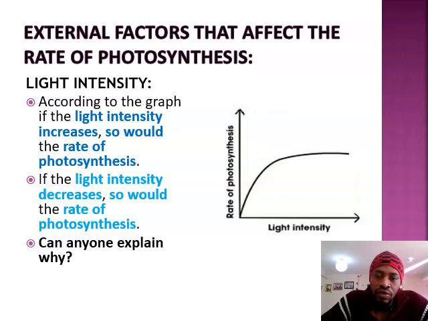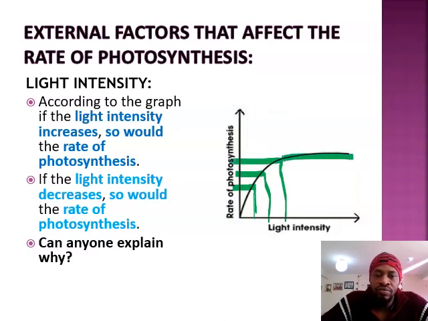If we have low light intensity, then photosynthesis will also be low. As light intensity increases, the rate of photosynthesis also increases until we reach a point where the rate of photosynthesis remains constant. It means it levels off.